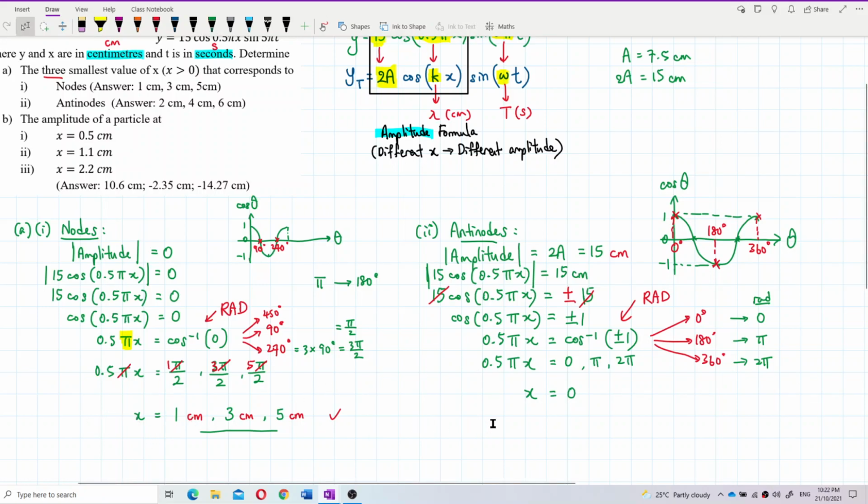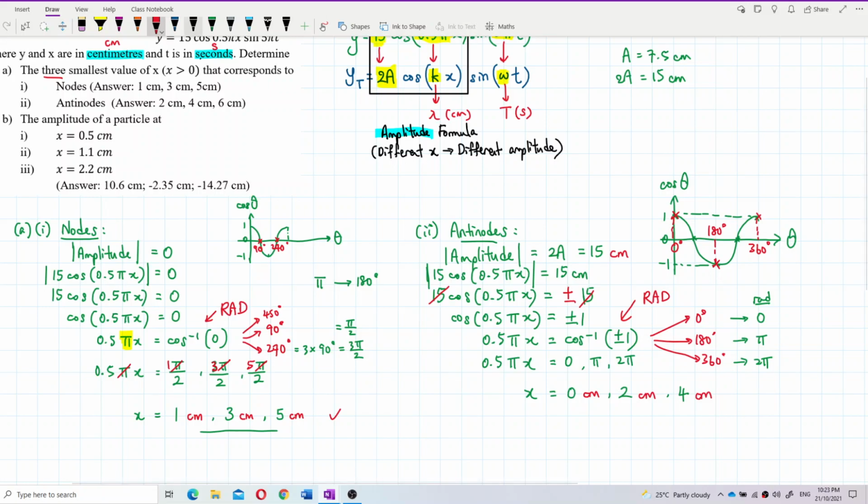X is centimeter from just now. Okay. And then pi gives 2, unit is centimeter. The next is 2 pi. Then you get 4. This is 4 centimeter.